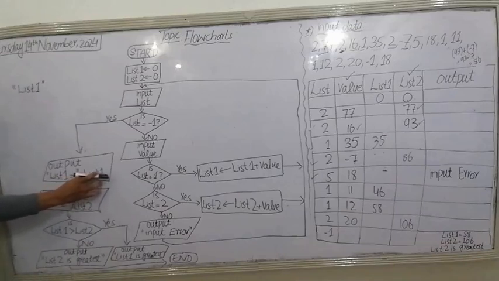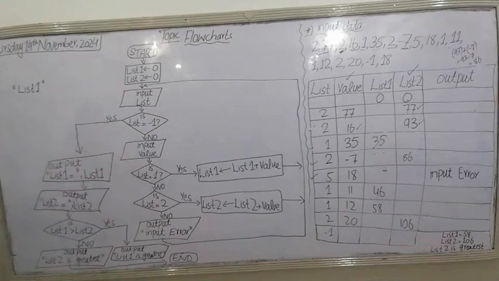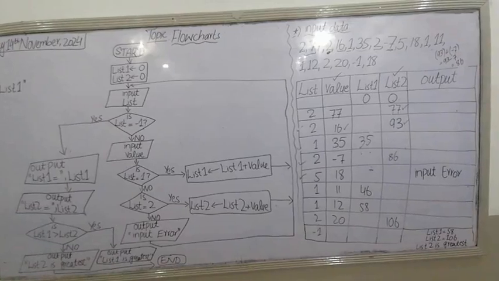You can see there are no double quotes around this list1, so it means it's that variable from the trace table, list1, and when we write it like this in the output box, it will print the value stored in the variable list1. Okay, so I hope it's clear to you. So you can see list1 is equals to, the value stored in it is 58.